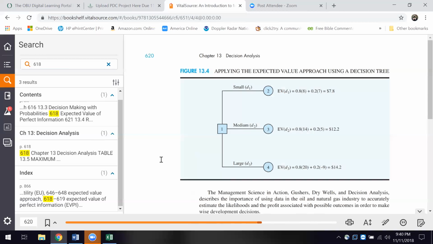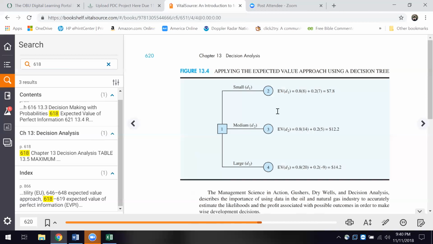That's our outcome. If the demand is medium, then we get 80% of 14 and 20% of 5, and then we get 12.2, and then the large you can see is 80% of 20 and 20% of -9, and we end up with 14.2.